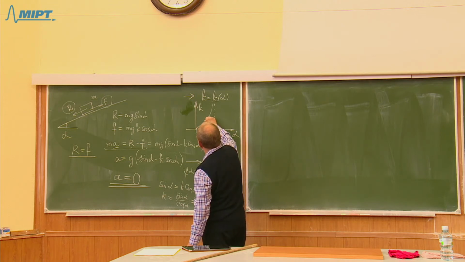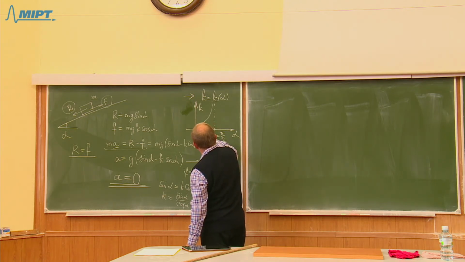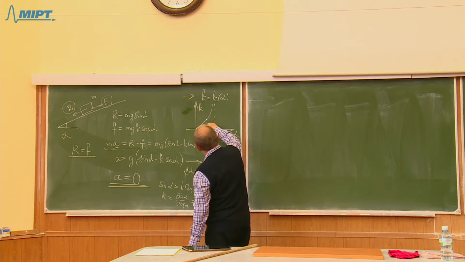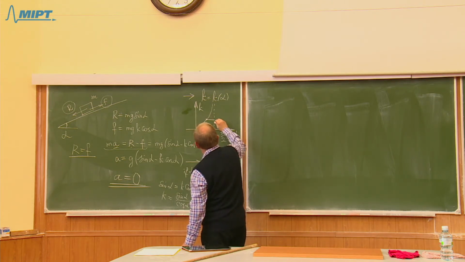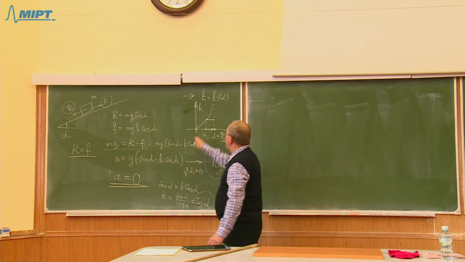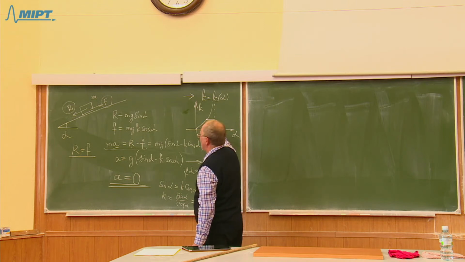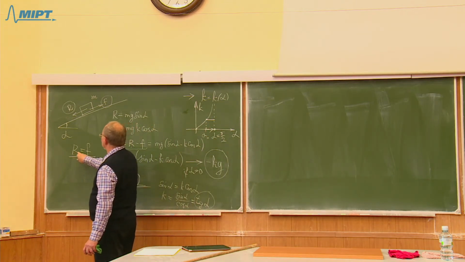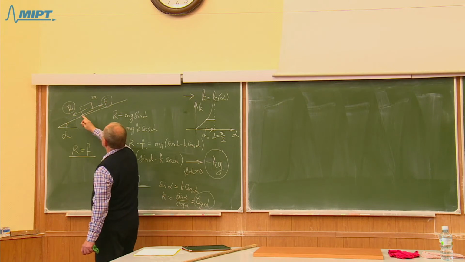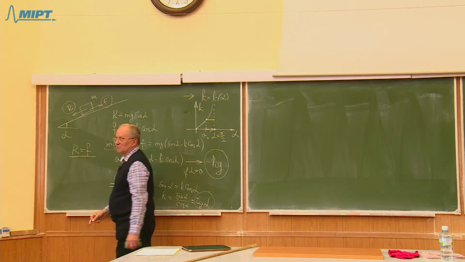It will increase as a tangent with alpha, and at some critical alpha 0, the coefficient of friction stops increasing. And then if we increase alpha further, the coefficient of friction will remain constant in this interval of angles alpha. And when it's constant, then the force R will become larger than F. And if force R is larger than F, then the vector sum of these two forces will be non-zero.